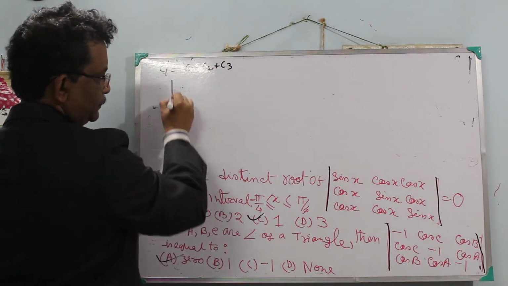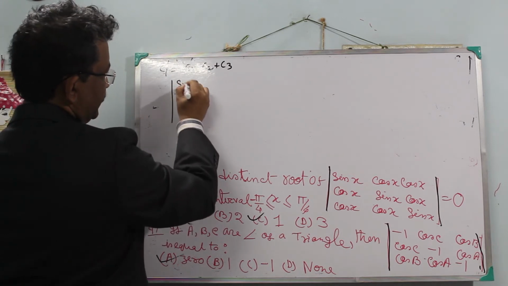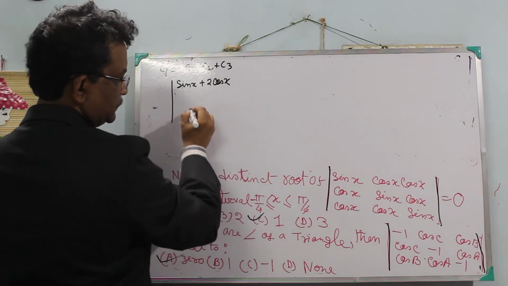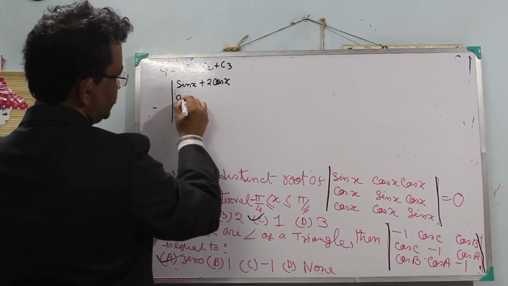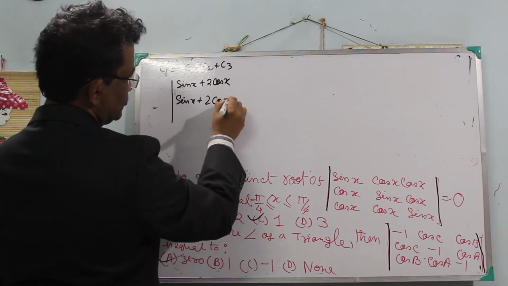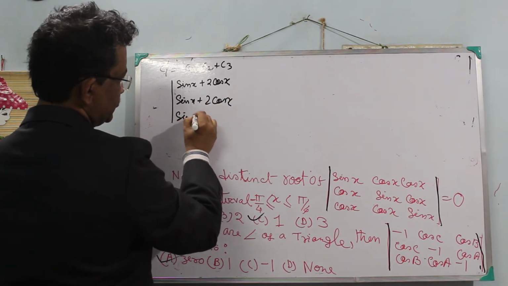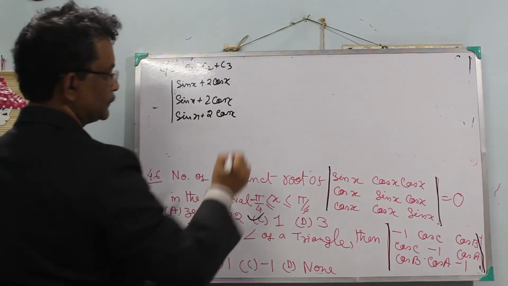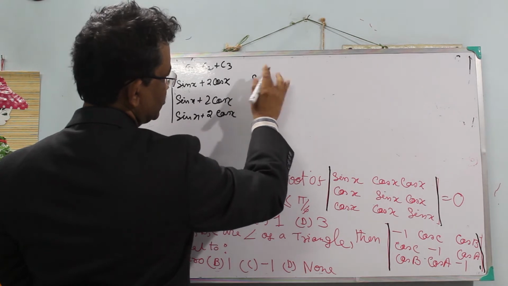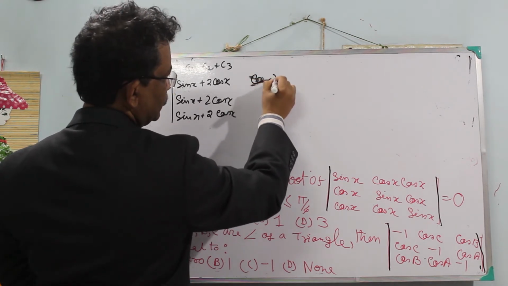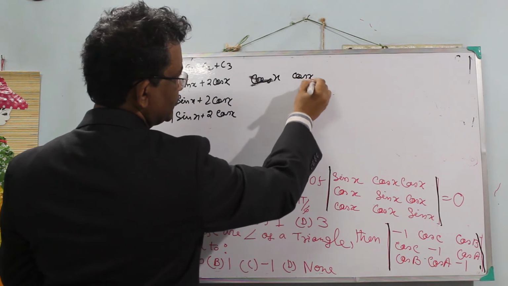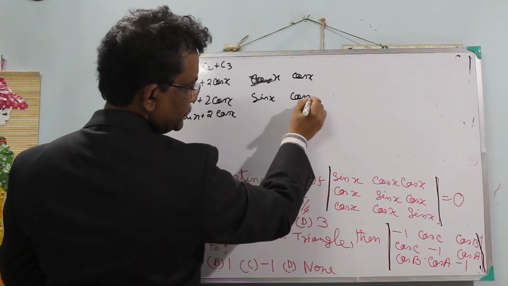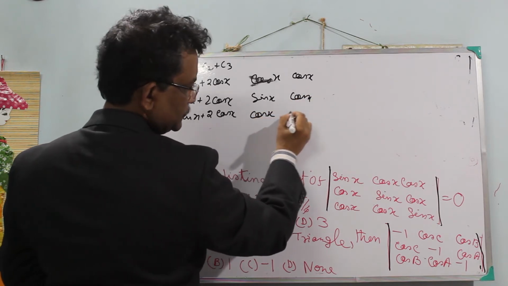So we will get sin x plus 2 cos x, sin x plus 2 cos x, sin x plus 2 cos x, then cos x, cos x, cos x, sin x, cos x, cos x, sin x. It's equal to 0.